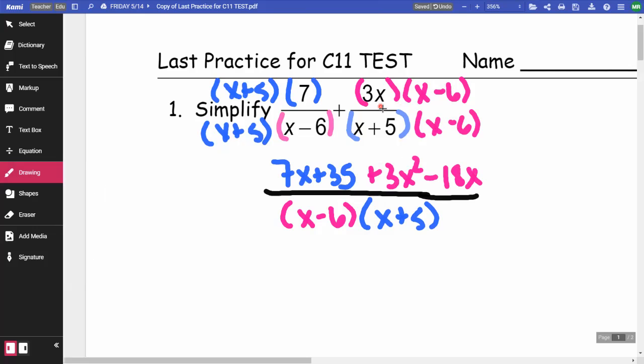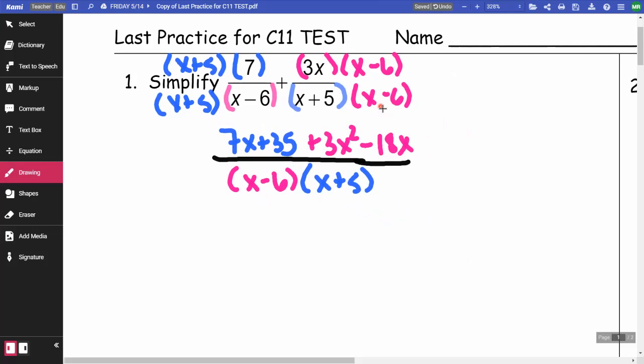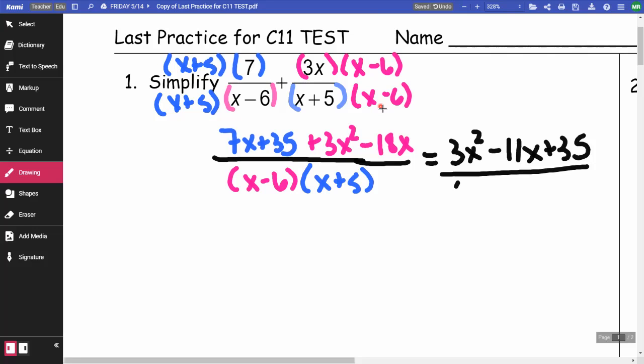So now I need to clean up the top. So when I do that, I am going to get 3x squared minus 11x plus 35 over x minus 6 times x plus 5.